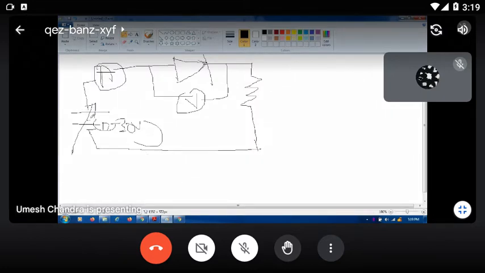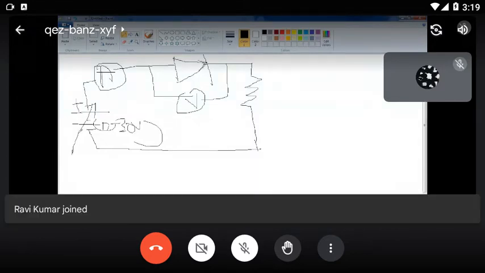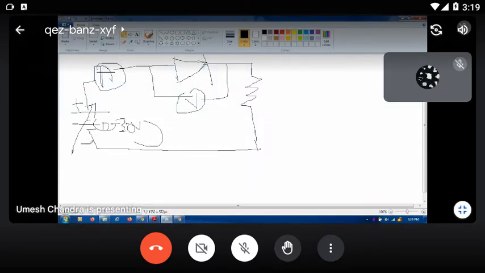Okay, now you see here, this is the variable power supply. This is the positive terminal and this side is the negative terminal. The positive terminal of the power supply is connected to the ammeter, connected with the positive terminal of the diode, or anode of the diode.